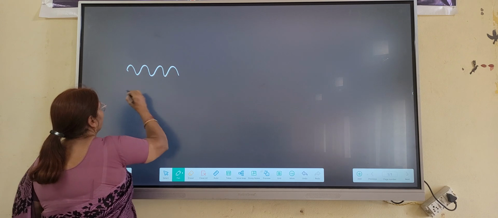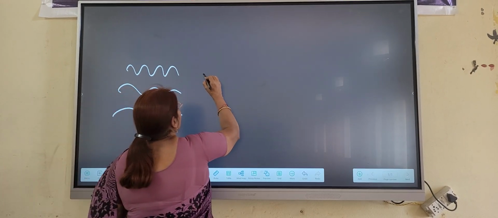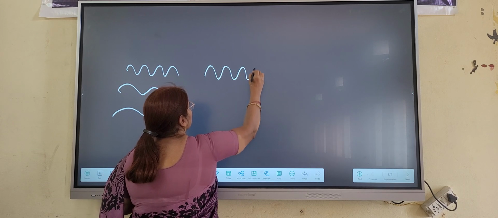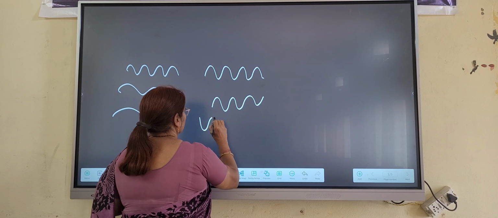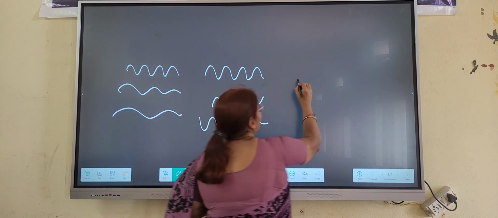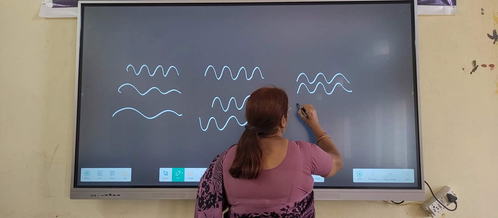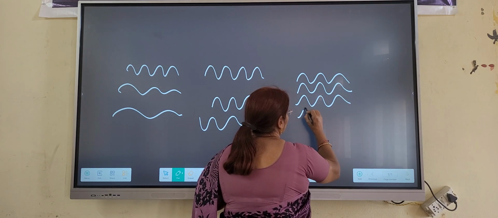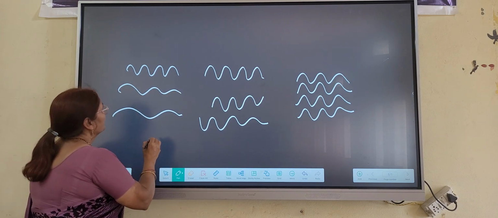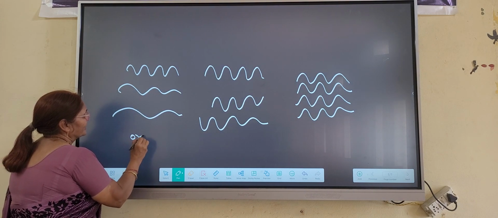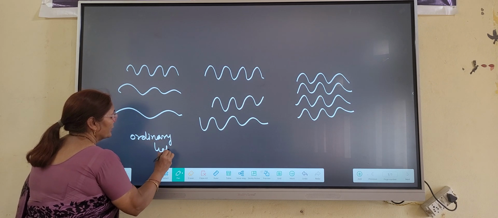Suppose I have this light. In the second case, I have this light. And in the third case, I have this light. So what are the differences between these three lights? This is ordinary light. Why is it ordinary?